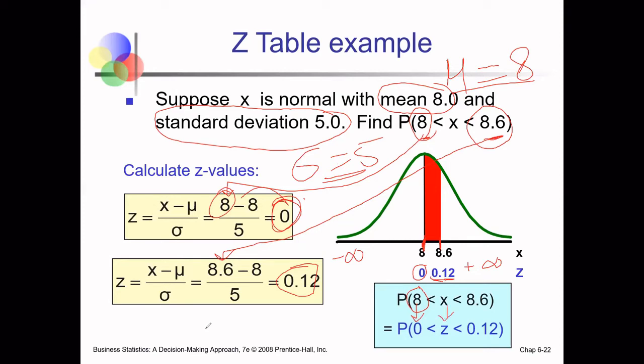X will be replaced as z, and this x will be replaced with the next value, 8.6, and we got the value 0.12. So here is the very final equation. You can say the probability of 0 to 0.12 we want to find. Now, finally, we want to find 0 to 0.12.